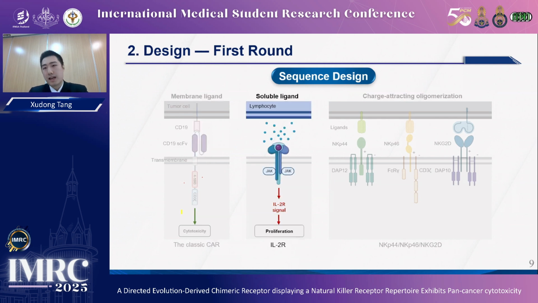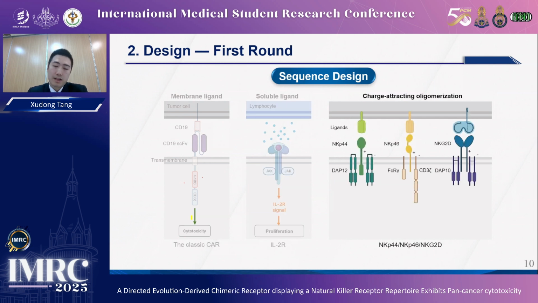Notably, the activation of the JAK-STAT pathway downstream of the interleukin-2 receptor depends on the oligomerization of the beta and gamma chains. Experimentally, membrane proteins can oligomerize through electrostatic interactions, such as NKp44, which facilitates activating signals by associating with negatively charged residues. So we hope to design a class of structures based on charge-induced oligomerization.